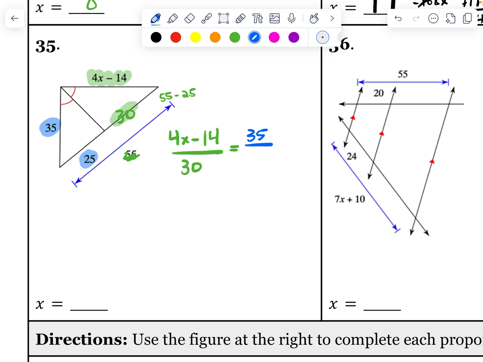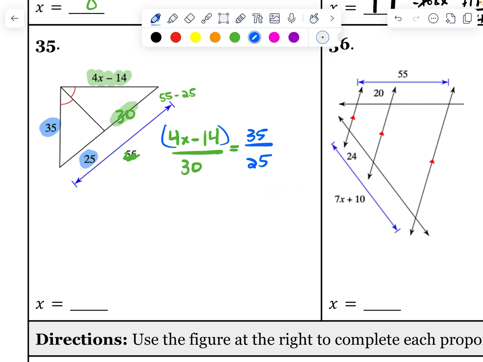35 over 25. So let's see. 30 times 35 is... You know what I'm going to do? I'm going to go ahead and reduce 35 over 25 because I am feeling lazy right now.